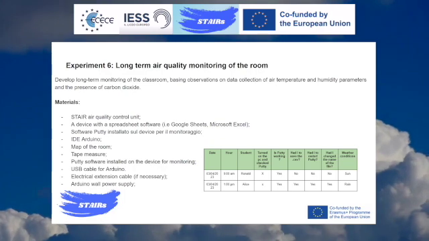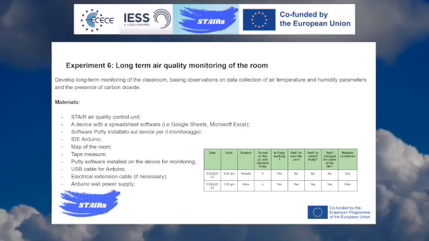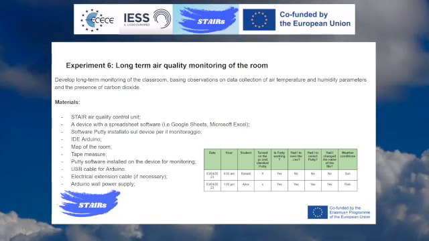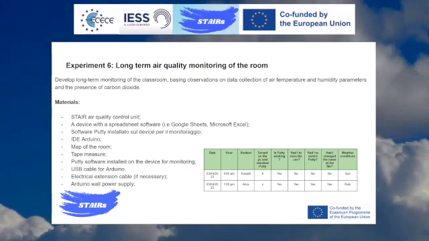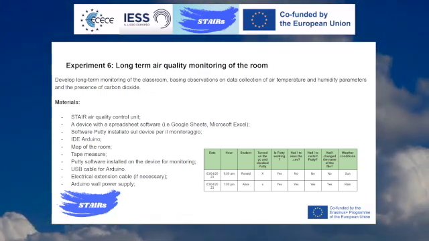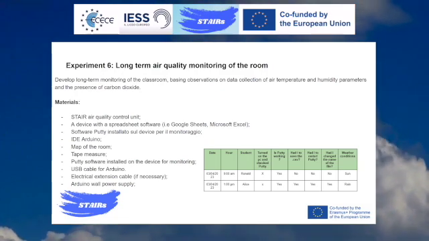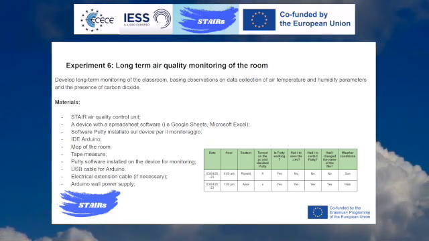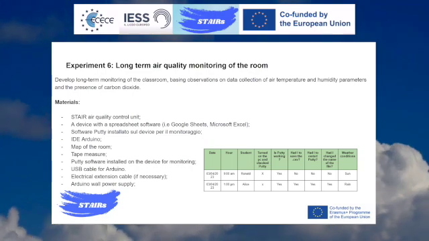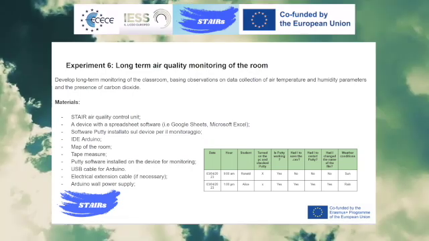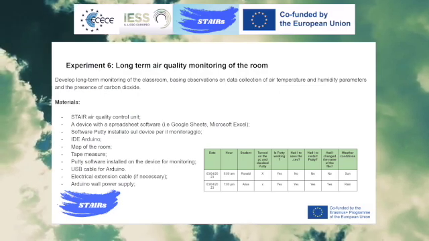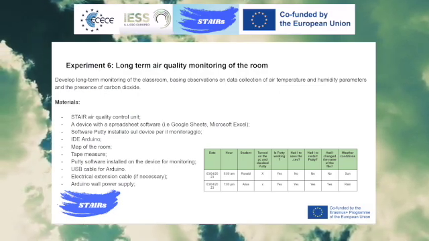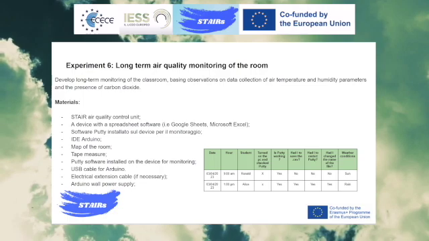First of all, you will need the STAIR air quality control unit, because this is a plugged experiment, and a device with a spreadsheet as in the fifth one, Google Sheets or Microsoft Excel. You have to decide which one you or your pupils prefer. The software PuTTY, you will have the instructions in the technical toolkit to install it.